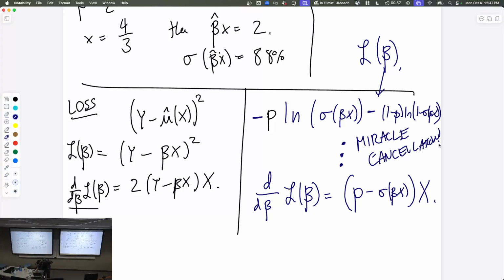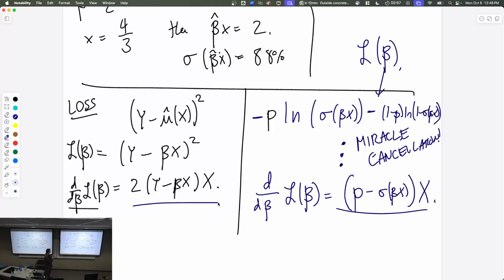The ugliness of the sigmoid cancels out with the ugliness of the cross-entropy loss, and the derivative of the cross-entropy loss is the difference between the true value of p and your estimate, times x. It mirrors this calculation. The loss function over here and the loss function over there have very similar derivatives. That is the reason people chose the sigmoid: to make this math work nicely.